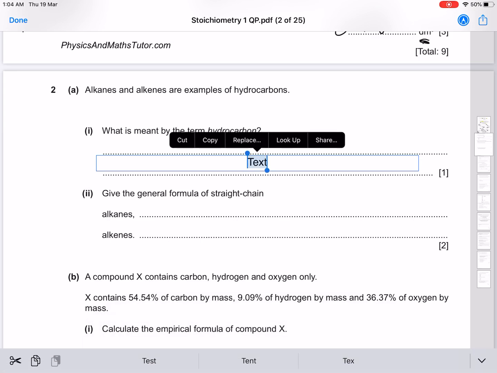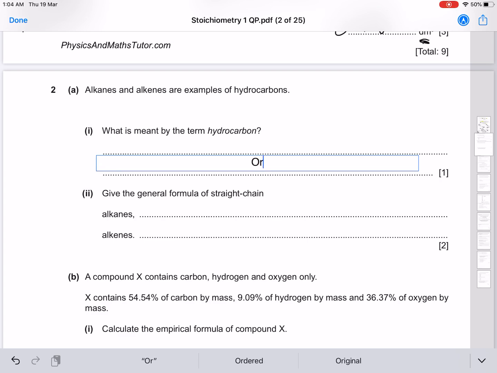So they're organic compounds that contain hydrogen and carbon. Sorry, did I mention oxygen?